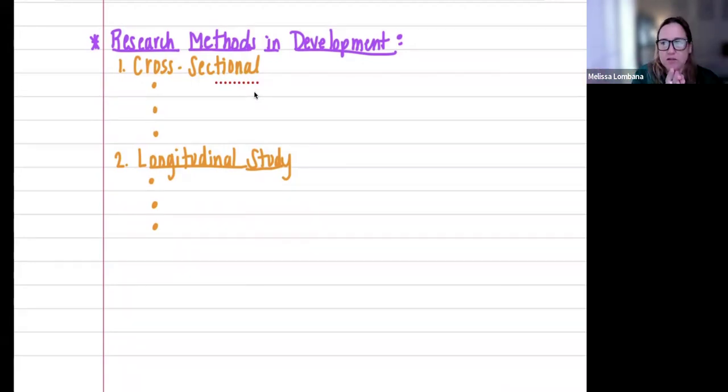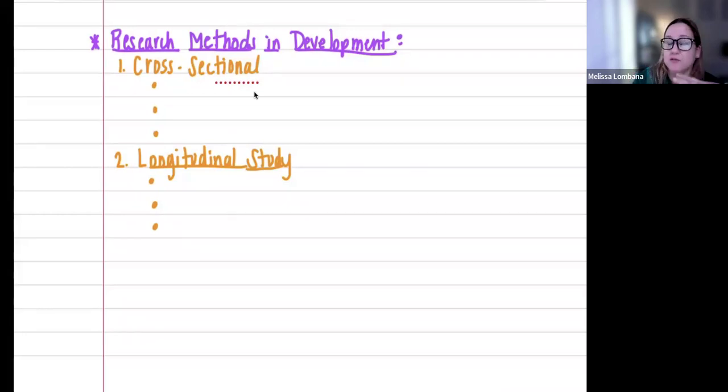Maybe they just want to study adolescence, right? So they'll get a group of people starting adolescence and they'll follow them for 5, 10 years. Okay. Some longitudinal studies could last years. Okay. Again, longitudinal studies are exceptionally great studies because it's really, really in depth.